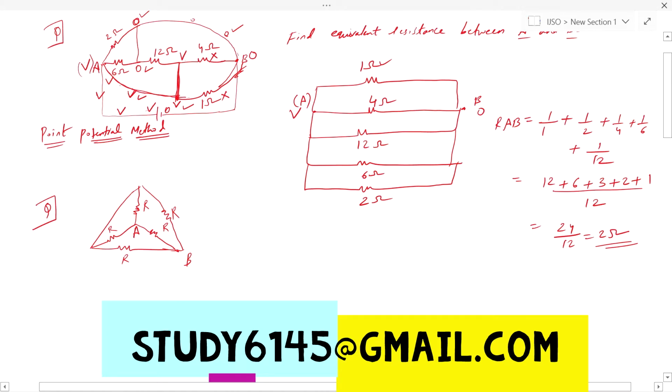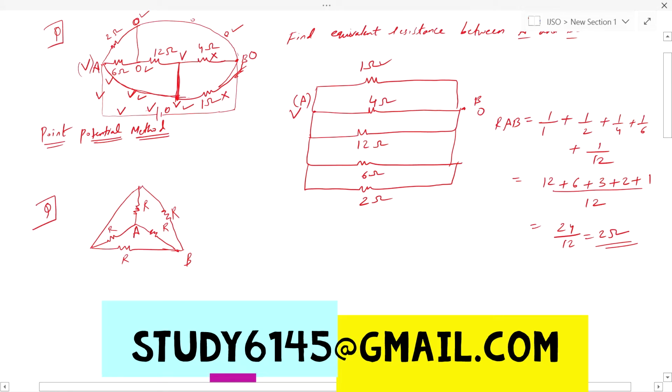We use point potential when we have many resistors, 5 or 6 resistors, and we can't find anything. Series we can't check and parallel we can't find out. At that point we apply the point potential method. There are many circuits like this in IJSO.